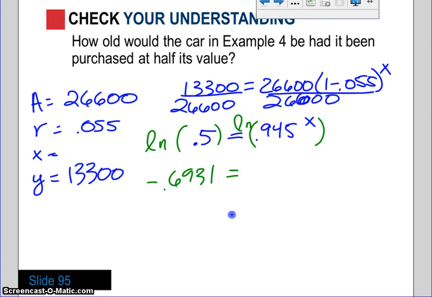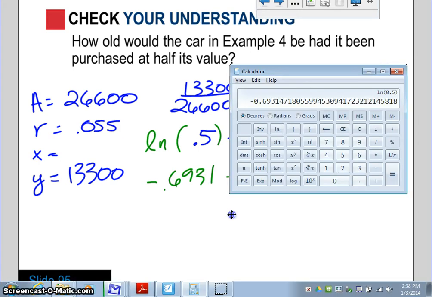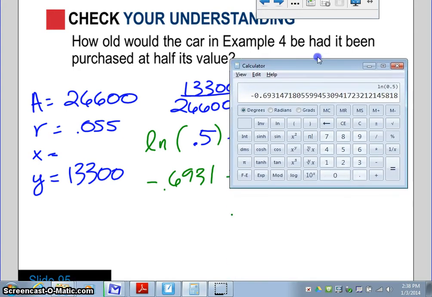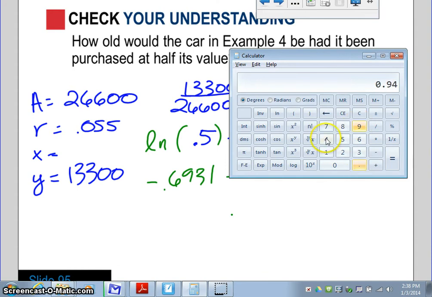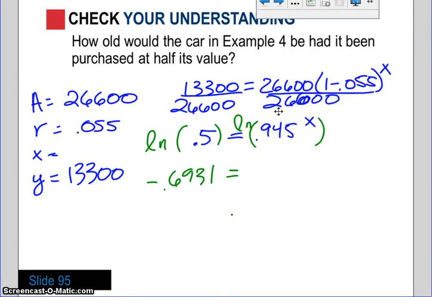And then we'll take the natural log of the 0.945, and I get negative 0.0566. Remember that allows the x to come down.